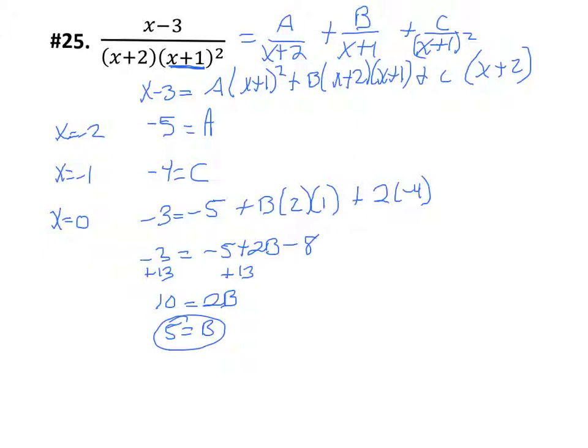Yeah, or b is negative a. You got one of those two, exactly. So we get negative 5 over x plus 2 plus 5 over x plus 1 plus negative 4 over x plus 1 squared.